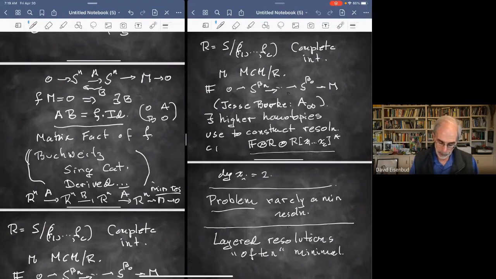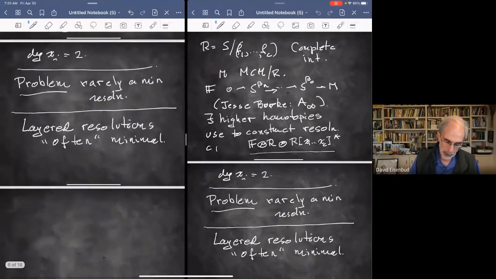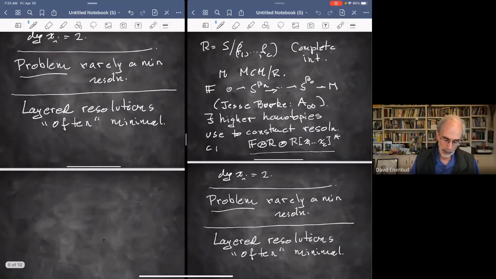These isomorphisms, I wrote it R^n, R^n, R^n, but in fact, there's a kind of canonical up to homotopy isomorphism of degree 2 in this resolution, some kind of operator. So there's a good structure on both resolutions, and you get both from the matrix factorization. So that's the picture that I want to imitate with a layered resolution.